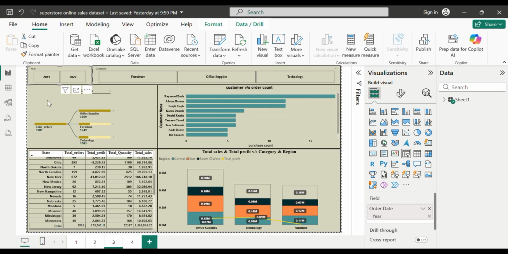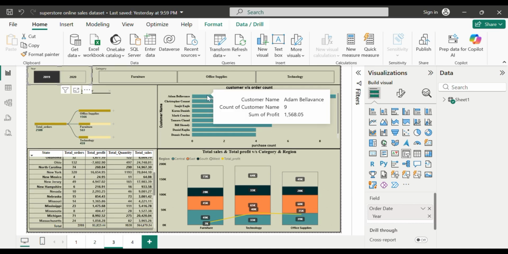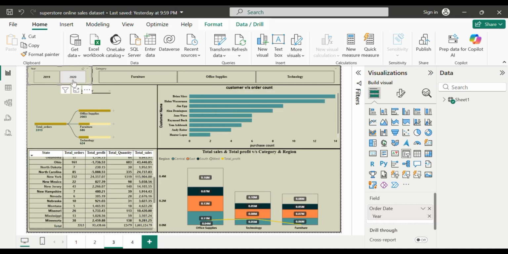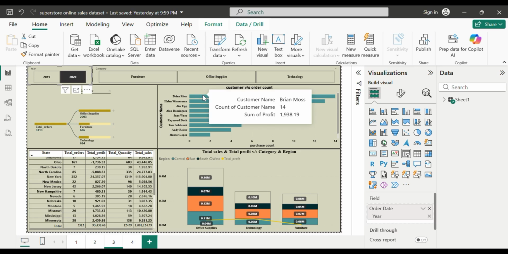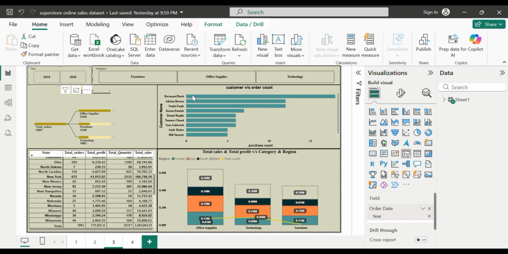But in 2019, Hadam Belly gave 9 orders with 1,568 rupees of profit. In 2020 it is Brian Moss, who gave 14 orders, sum of profit 1,093. With the 2 years added, Raymond Bench with 18 orders is the top customer.